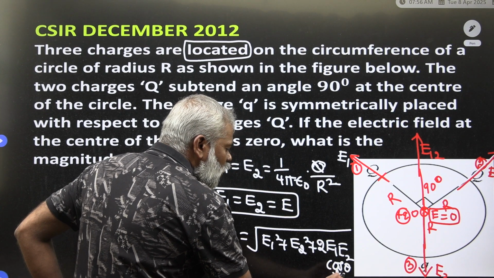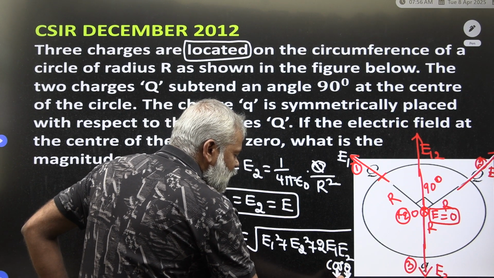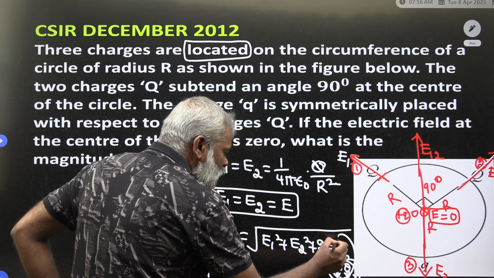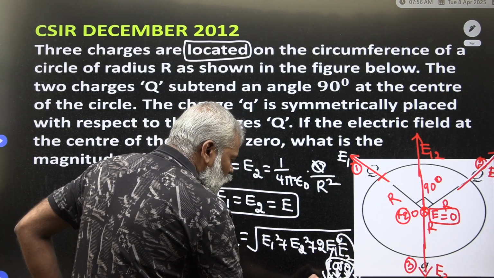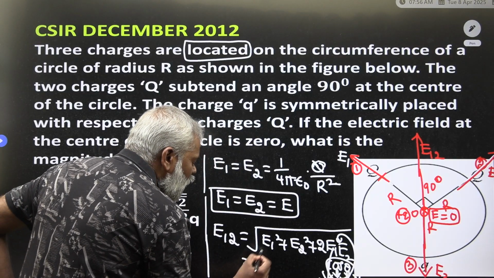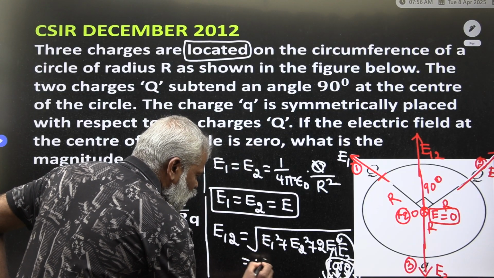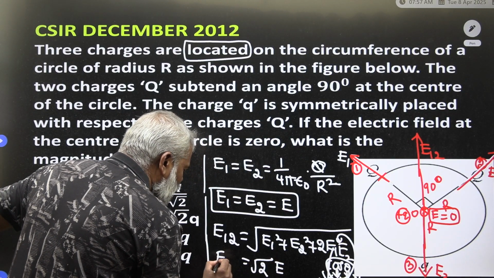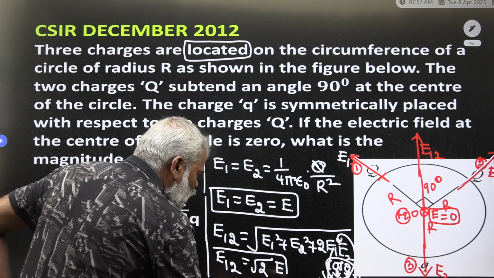Here theta is 90 degrees, and cos 90 is equal to 0, so that whole term is 0. E1 is equal to E2, so we are getting root 2 into E as the E12 value.